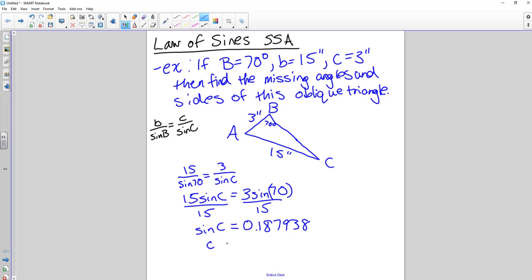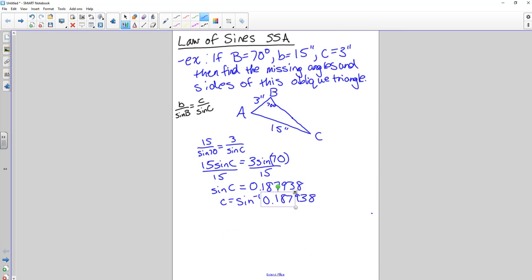Now otherwise, before you did that, you could have started off with sine inverse, because whenever we want to find an angle, we have to do the inverse function. So sine inverse of this 0.187938. Or if we had started off that sine inverse before doing 3 sine 70 divided by 15, that would have worked too.